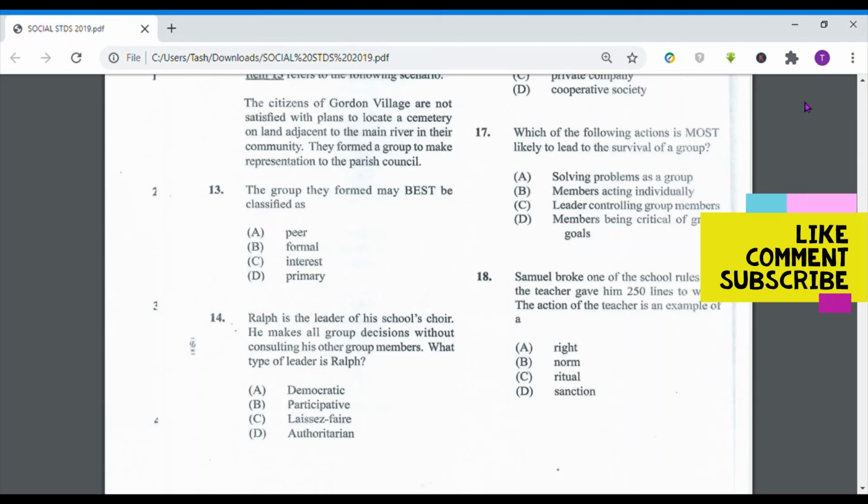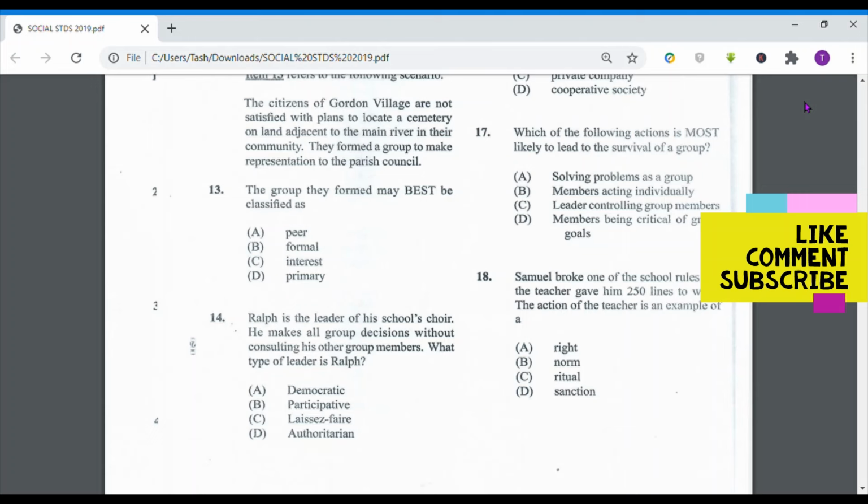Leader controlling group members, or members being critical of group goals. If the members are critical of the group goals, then they will not have a common consensus, so that will also create problems. So your answer for number 17 would have been letter A, which is solving problems as a group. That will most likely lead to the survival of the group.